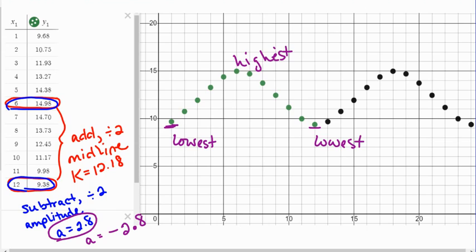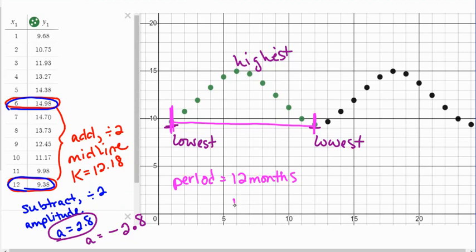Okay, and then last, let's talk about how long this period length is. Okay, so if I start at the lowest and go to the next lowest, that's going to have a period of 12 months. Okay, that's how long it is.